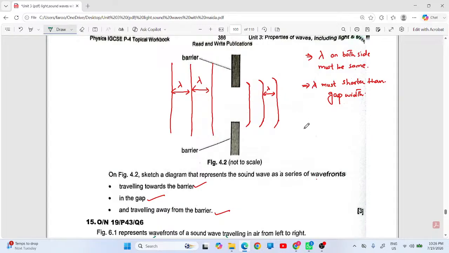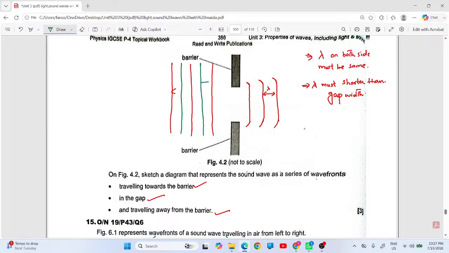Because it is double, you have to decrease the distance. Measure it: if the gap is 3 centimeters, take half of it.